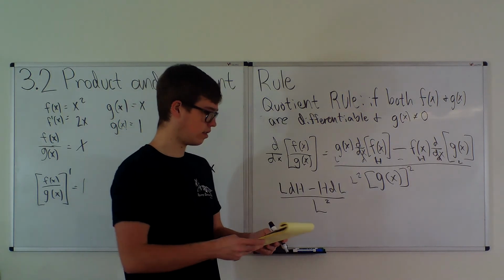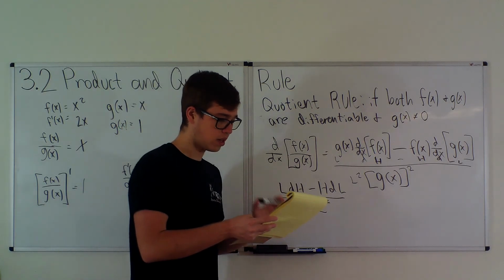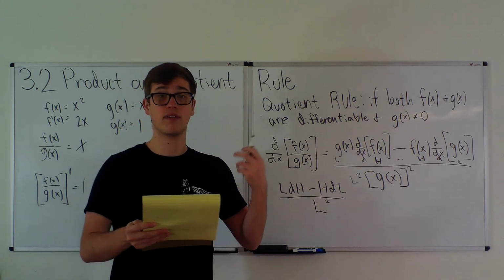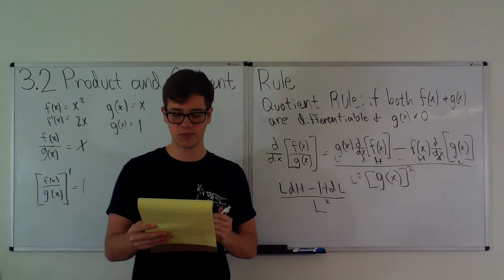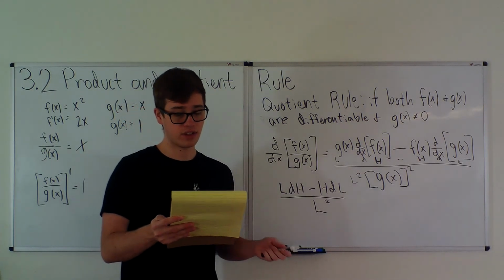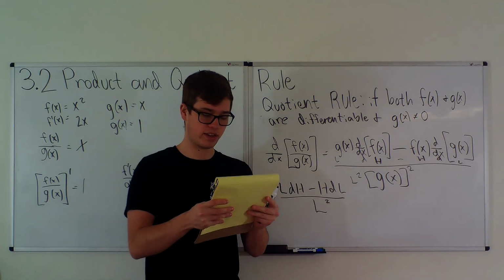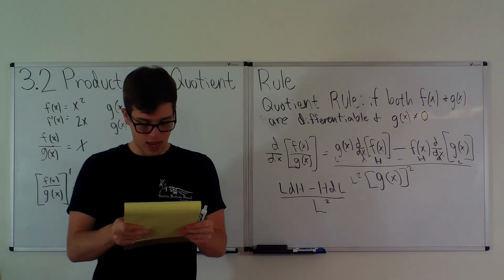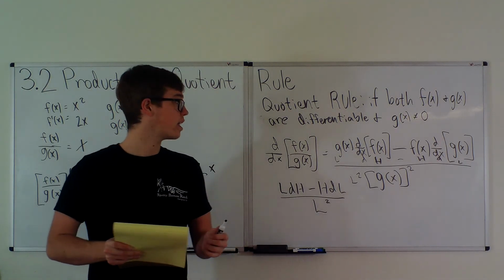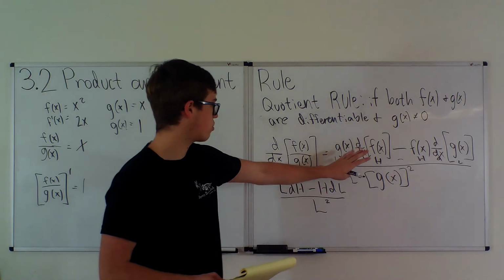Essentially what this is doing is it's the denominator times the derivative of the numerator minus the numerator times the derivative of the denominator, all divided by the denominator squared. That's a lot to take in, but just remember this.